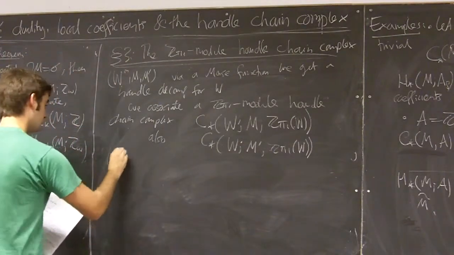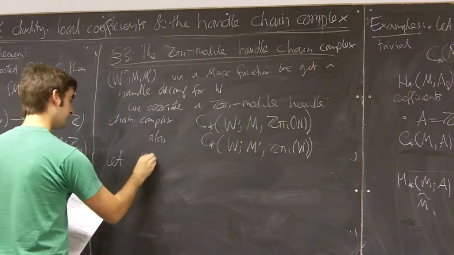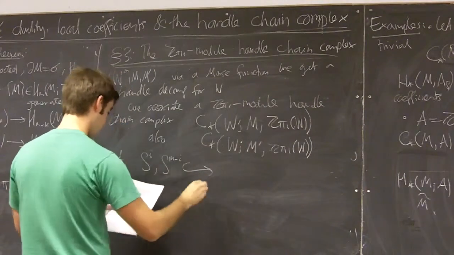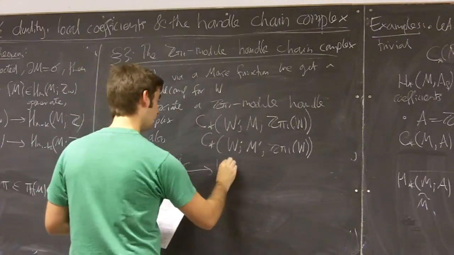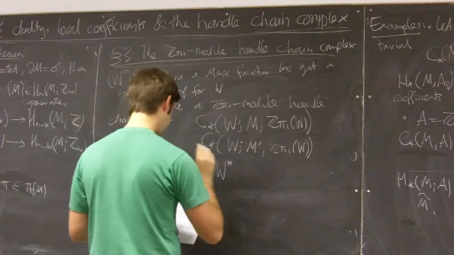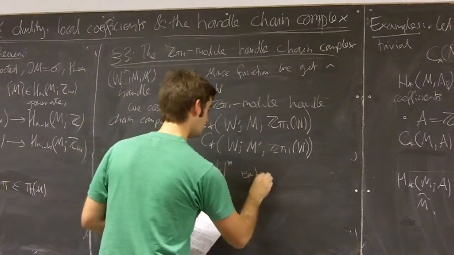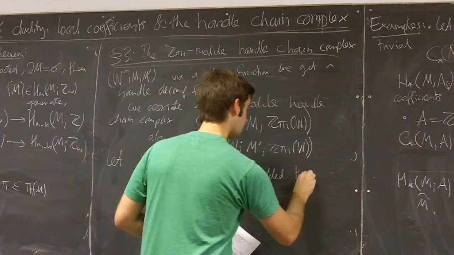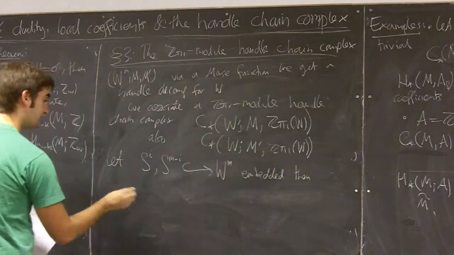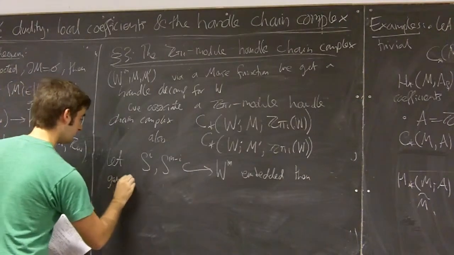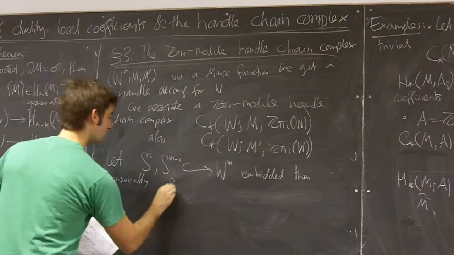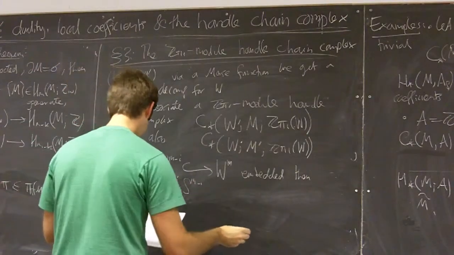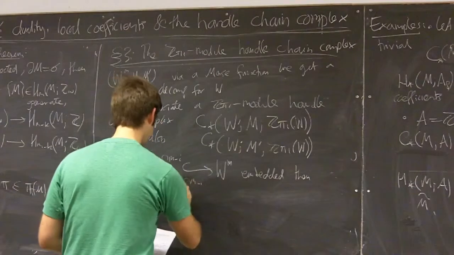So now let's explain how we get a chain complex over Z pi 1. Suppose we have two embedded spheres, S^i and S^(m-i), embedded in W of dimension m. Then, just due to their dimensions, generically, S^i intersects S^(m-i) in a discrete set, and transversely.